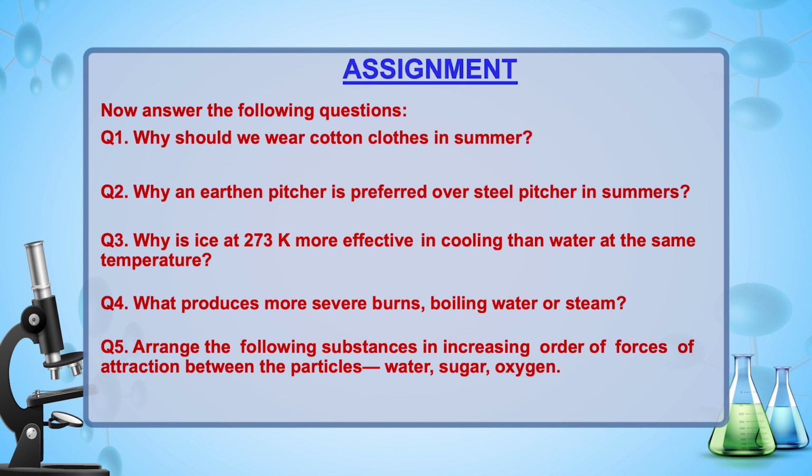Question number 4. What produces more severe burns, boiling water or steam? Question number 5. Arrange the following substances in increasing order of forces of attraction between the particles: water, sugar, oxygen.